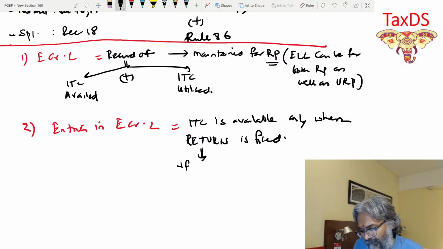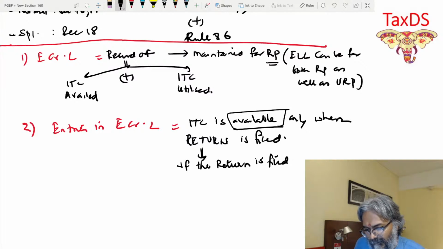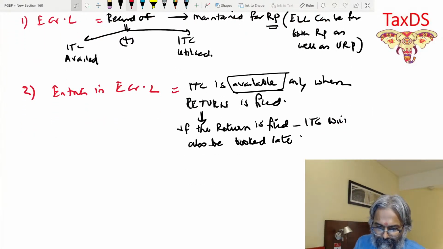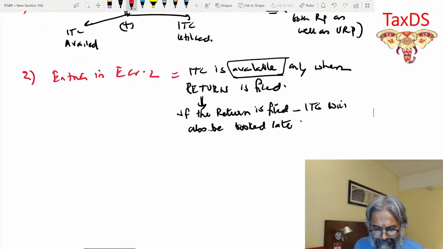So can I say that if the return is filed late, then ITC will be available also late? If the return is filed late, then ITC will also be booked late. That's exactly the point.